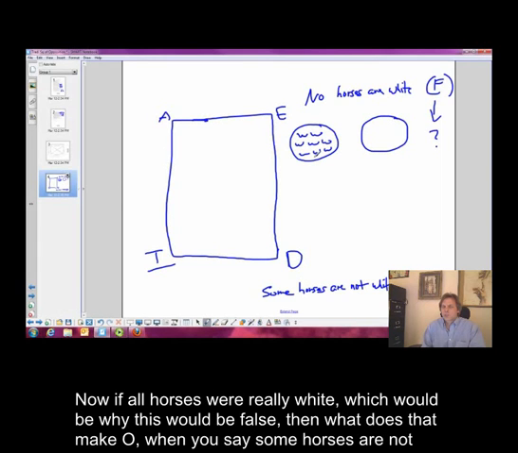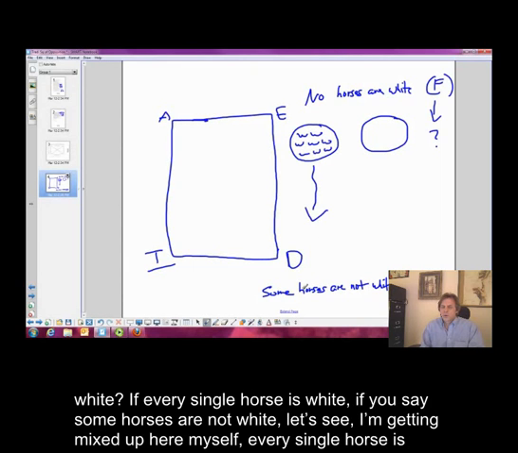Now, if all horses were really white, which would be why this would be false, then what does that make O? When you say some horses are not white, if every single horse is white, let's see, I'm getting mixed up here myself.